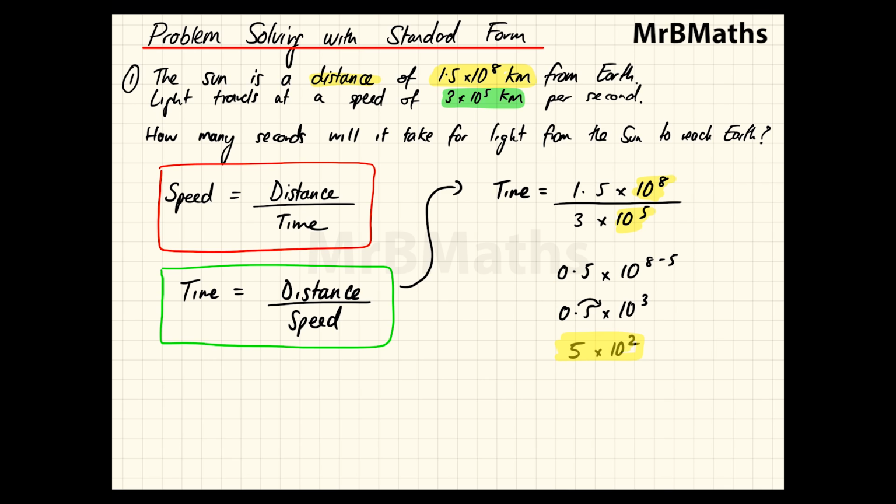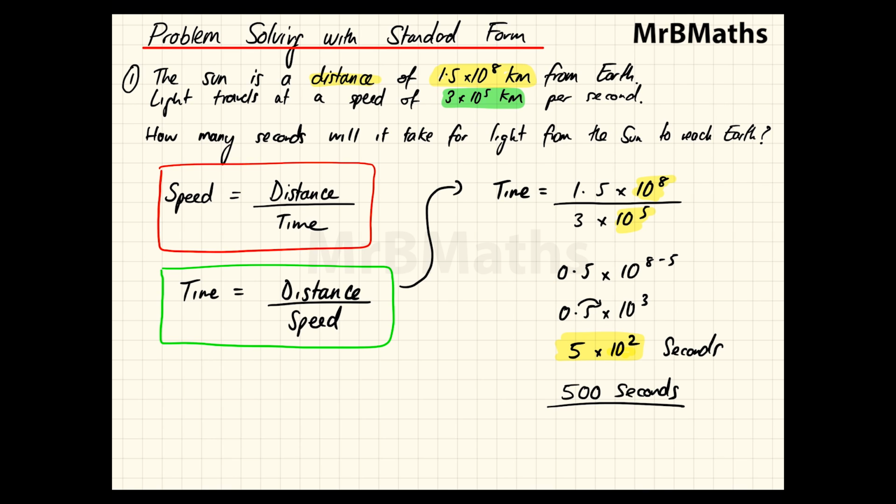Now you could leave it like that, it would make sense, but we need to convert 5 times 10 to the 2 into an actual ordinary number. So 5 times 10 to the 2 is 500 seconds. And if you'd like to know how I got that, it was from the very first video of standard form where I drew the table.